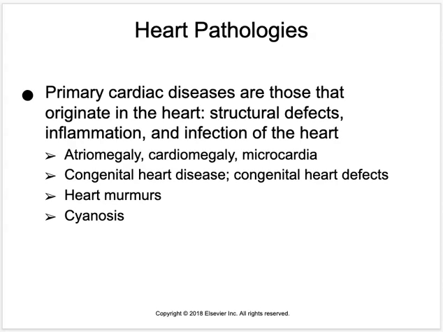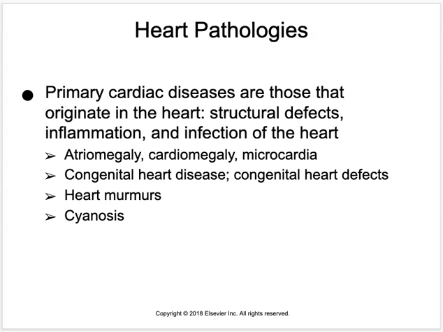Atriomegaly is going to be the enlargement of the atria. So the top half of the heart is enlarged. That's atriomegaly. Cardiomegaly would be enlargement of the heart as a whole. And microcardia would mean abnormal smallness or condition of smallness of the heart.